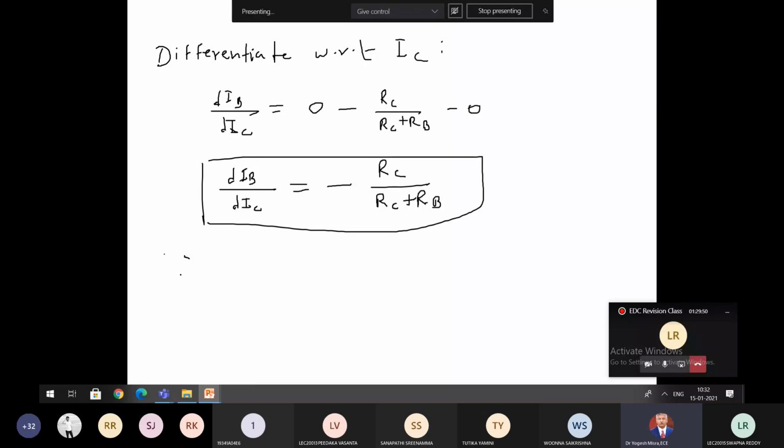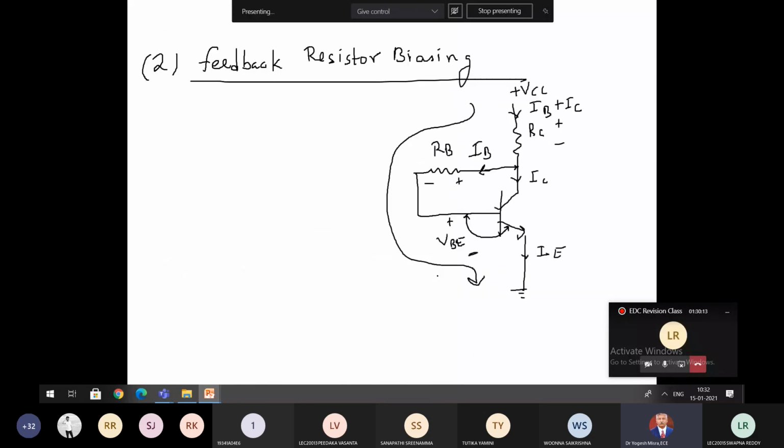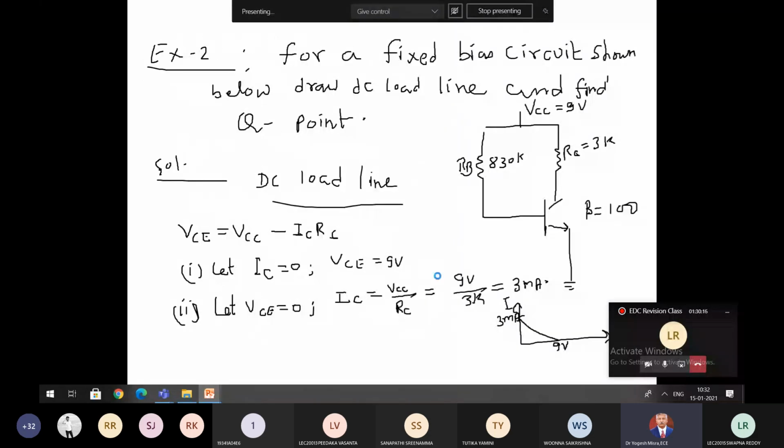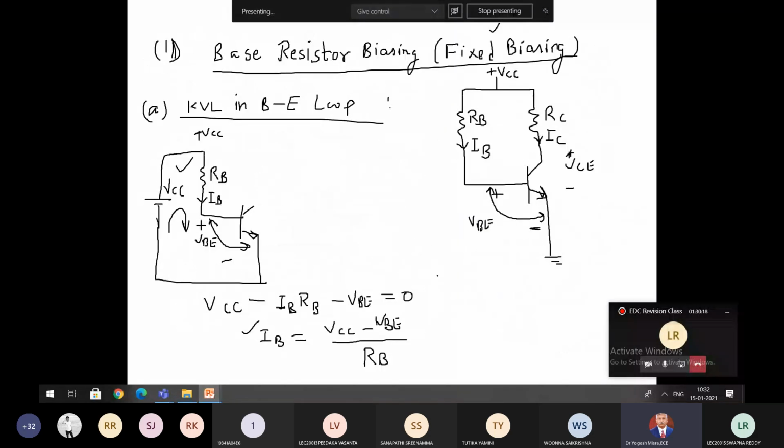Since we already know that the expression for the stability factor S is beta plus 1 divided by 1 minus beta dIB by dIC, we have already derived this expression.